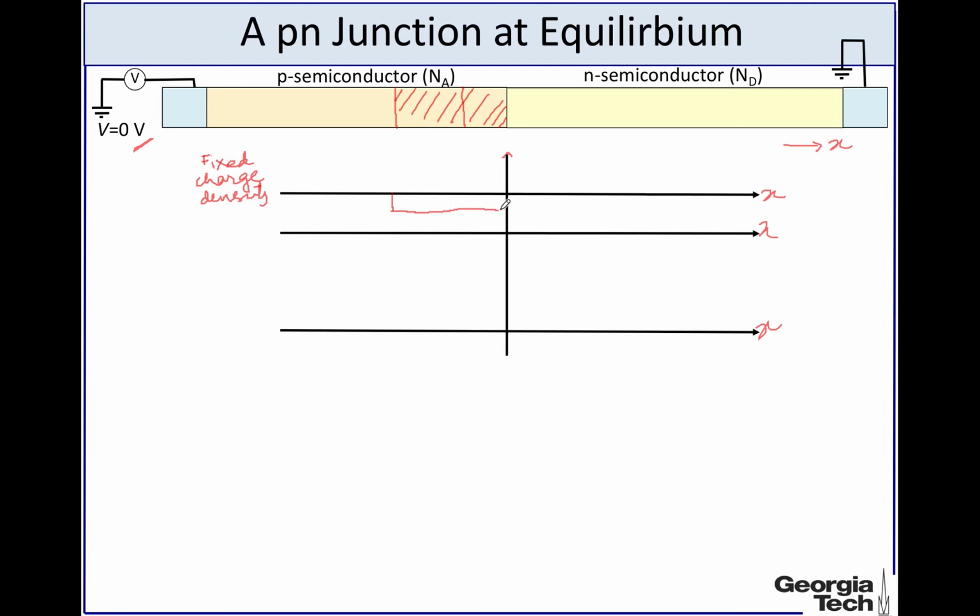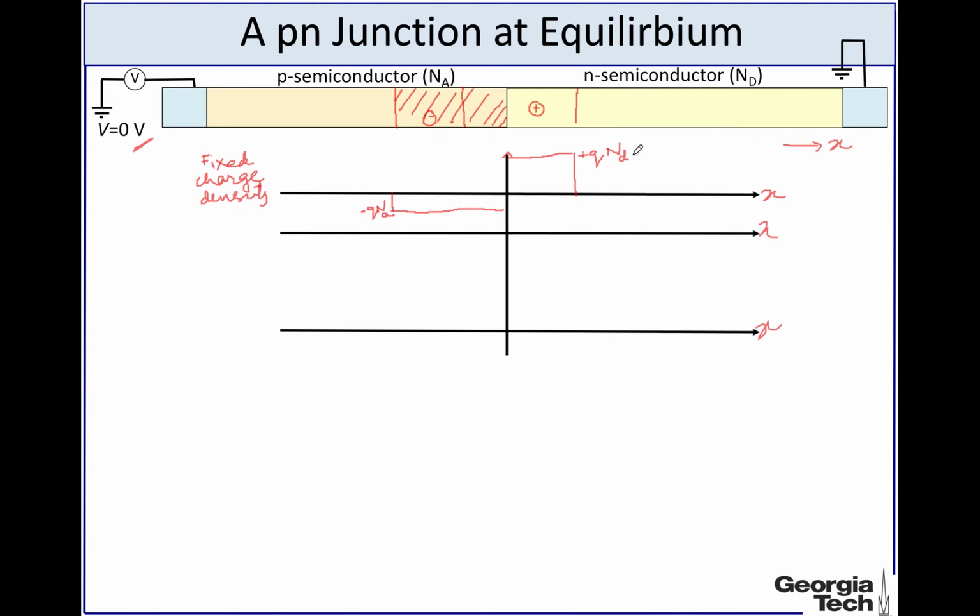On this p side, the holes have moved away, so this is all negative, and the value of the fixed charge density will be -qN_A, and the unit is coulomb per meter cubed. Say on the n side the depletion looks like this, and this region is positively charged, and this is +qN_D.